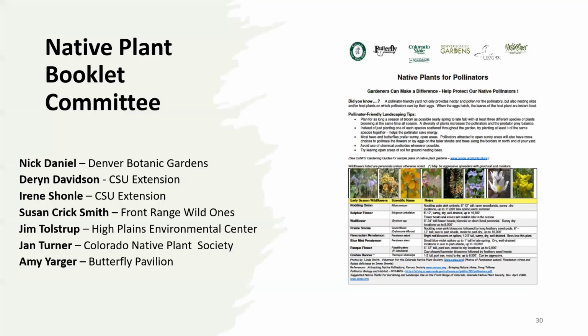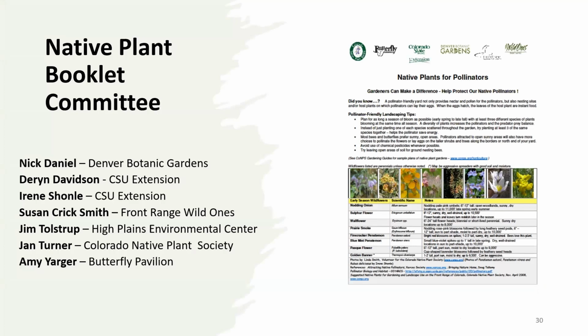But this is to plan what plants will be blooming throughout the season. And in order to help with that, the Denver Botanic Gardens, CSU Extension, Front Range Wildlands, High Plains Environmental Center, Colorado Native Plant Society, and the Butterfly Pavilion created this 2-page handout. And I think that we can email a copy of this to everybody in this class. It's just 2 pages.